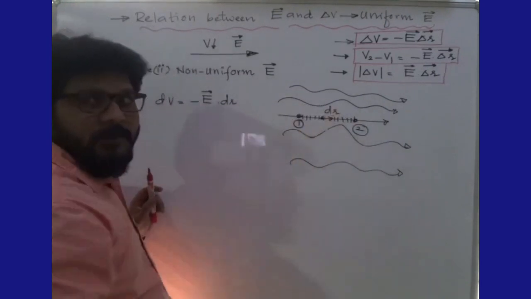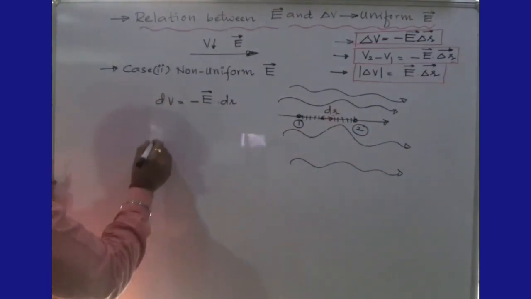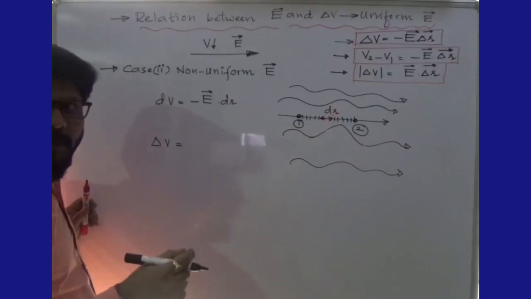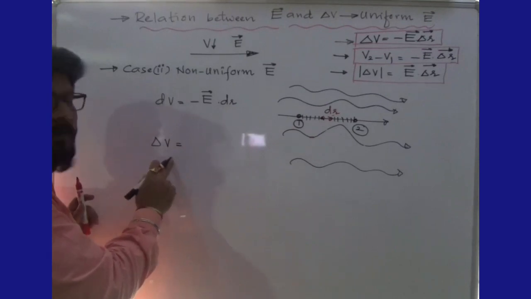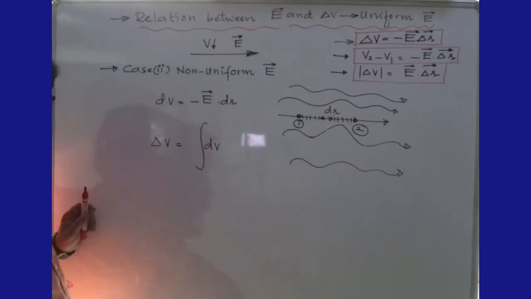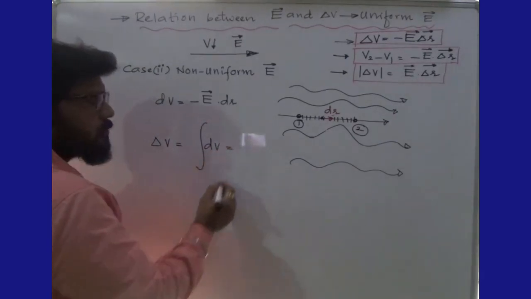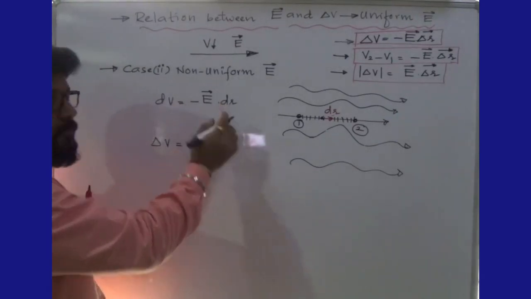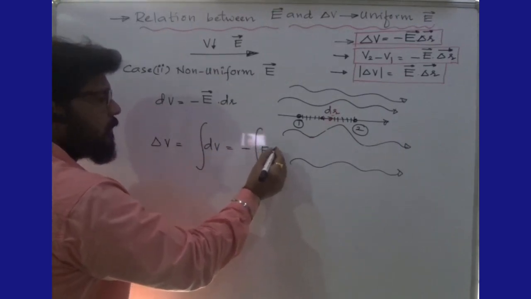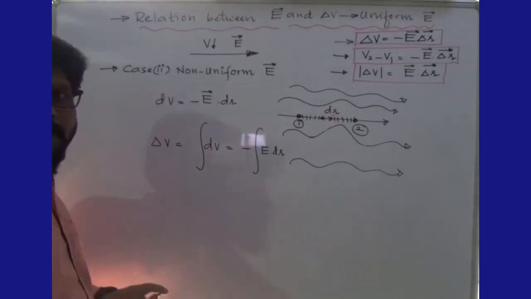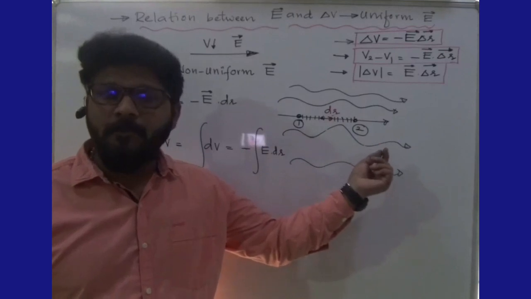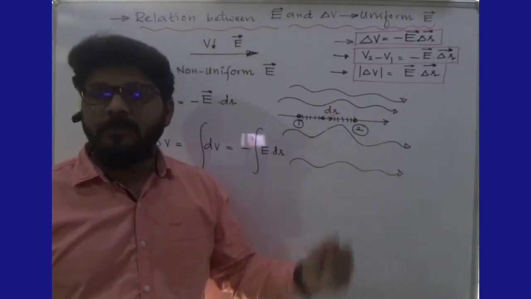So integration of it. If I integrate this, delta V is equal to the integration of dV. dV is small, and the large one is delta V. Delta V is equal to the integral of dV, which equals the integral of, taking minus outside, E into dr. Now the question is, from where to where do we have to integrate, because we have specific points to move the charge from one point to another point.